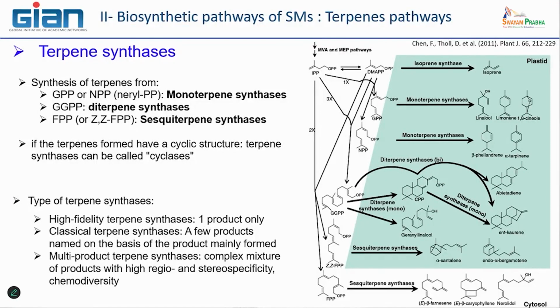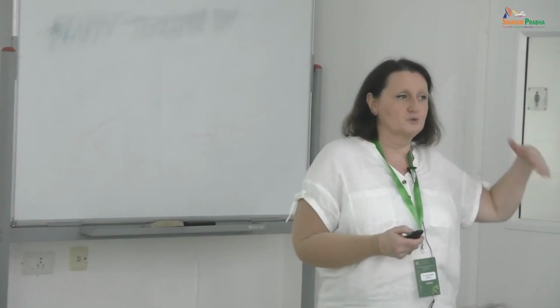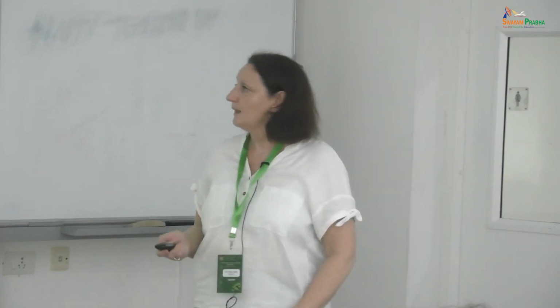And as these two pathways are very old, it is also very interesting to compare some of these terpene synthases from the actual plant, the spermatophyte, to algae, for example, or sometimes to other kingdoms.